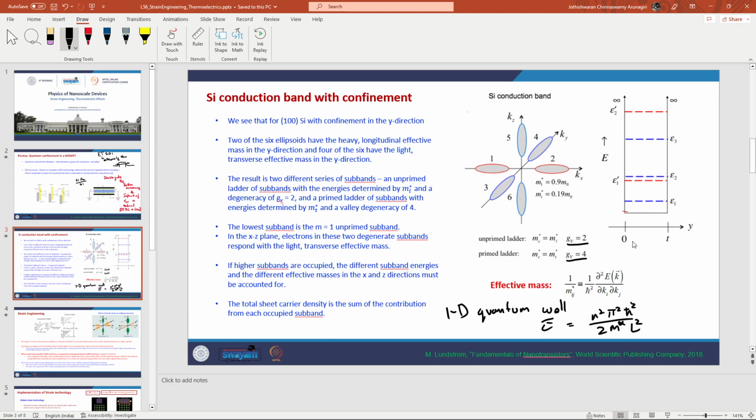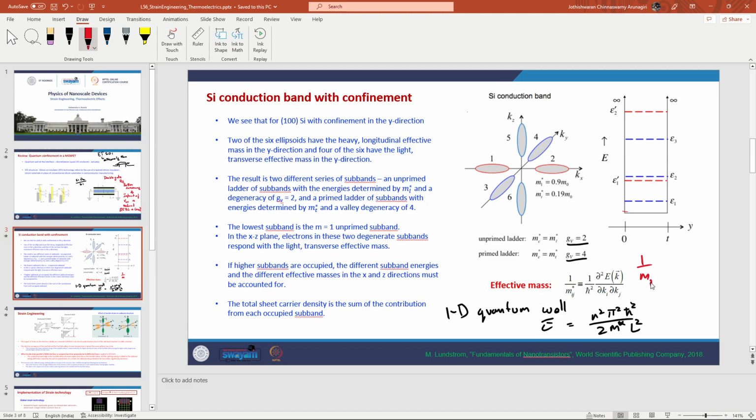And if we remember the previous analysis for calculation of electron mobility and so on, the expression for the total effective mass is given by the harmonic mean.